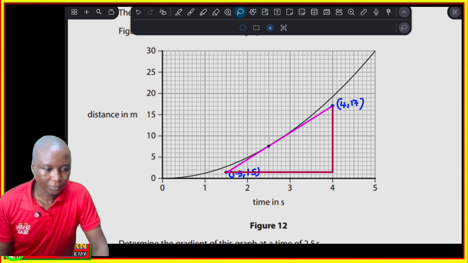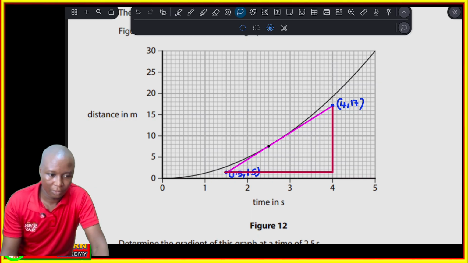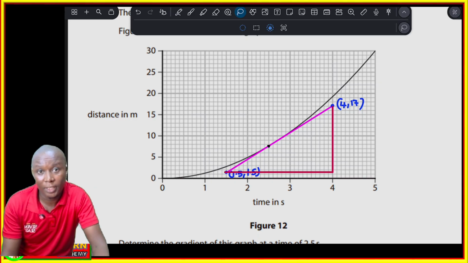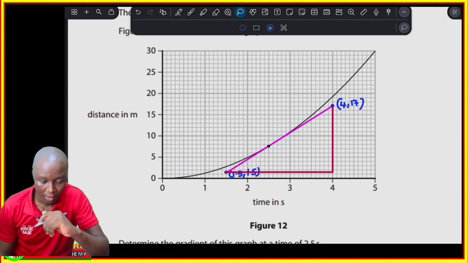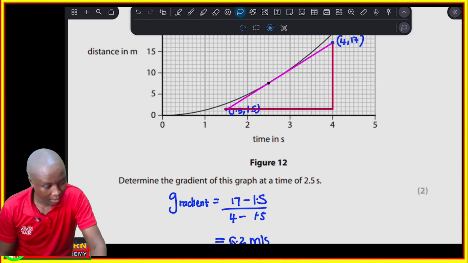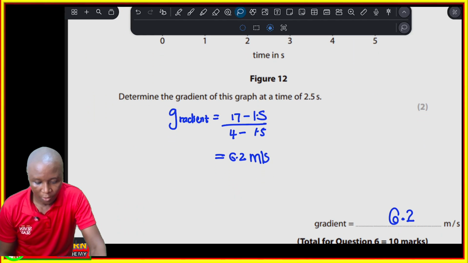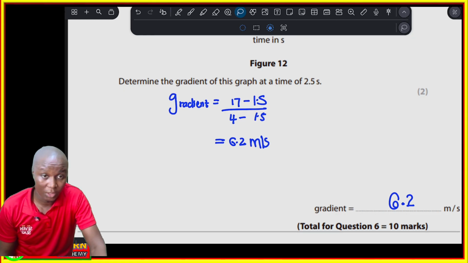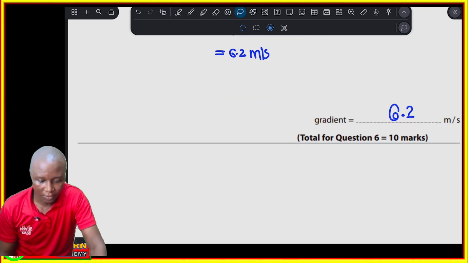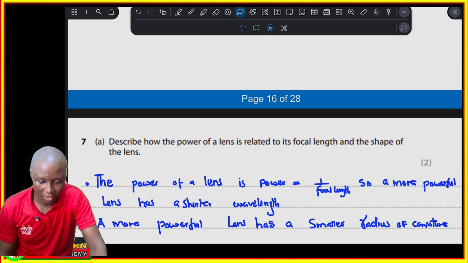Now, whenever you have a curve, the gradient at a point is equal to the gradient of the tangent to that curve. That is basically the logic I'm using at this point. If you work it out, you'll get a value close to 6.2. So check whether your answer is close to that.